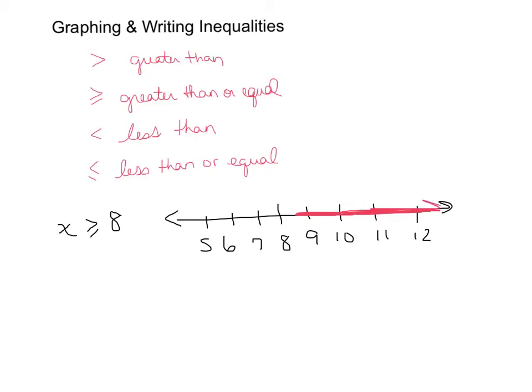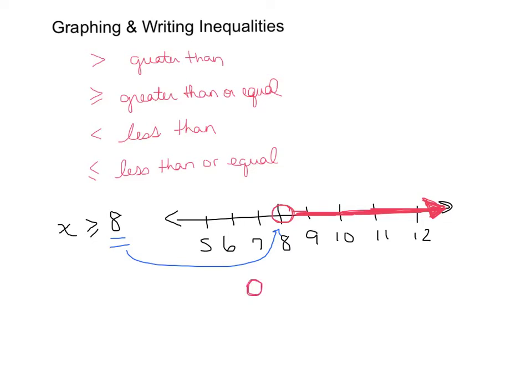is to form a solid line with an arrow at the end facing in the direction. At the 8, we're going to put a circle. So whatever number is here, we're going to put a circle at that number. Okay. There are going to be two types of circles.